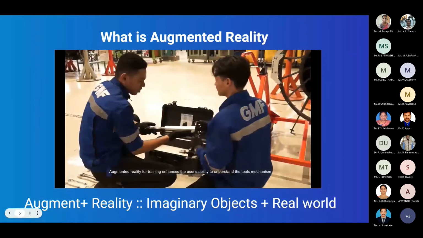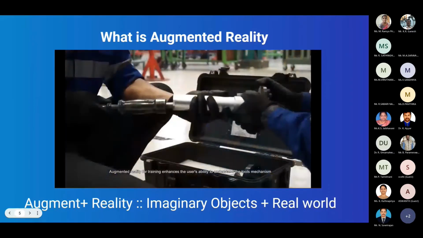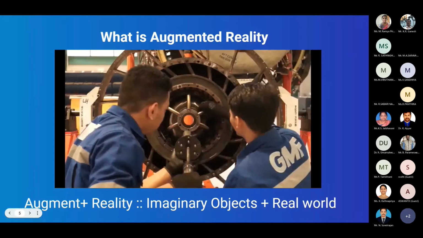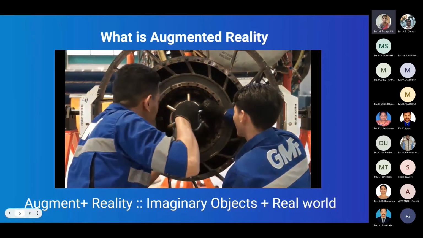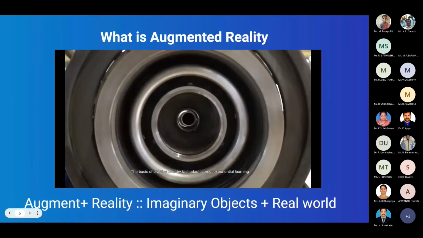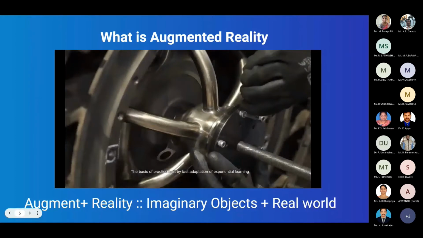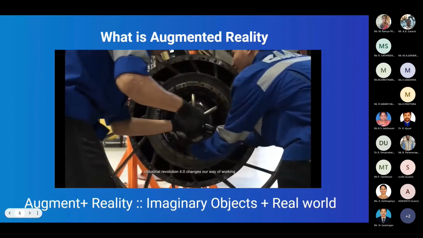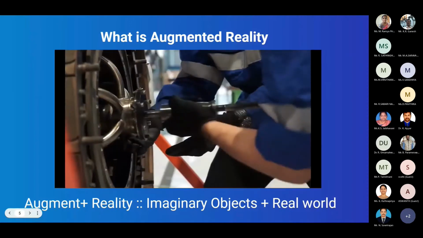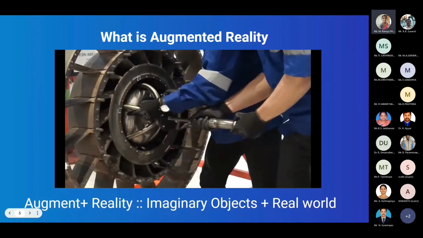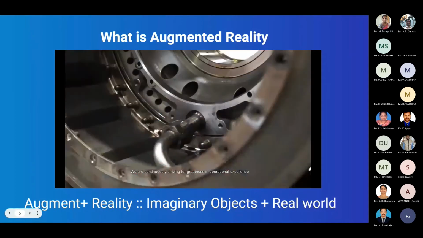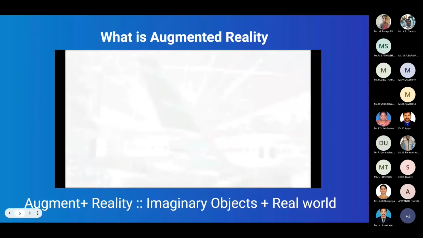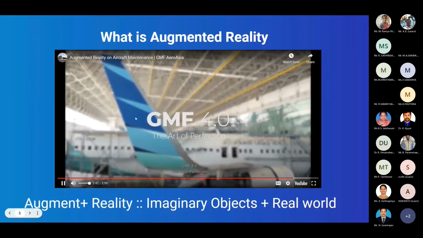Augmented reality for training enhances the user's ability to understand the tool mechanism based on the maintenance manual. Practice makes perfect. The basic of practice built by fast adaptation of exponential learning. Industrial Revolution 4.0 changes our way of working. We are continuously striving for greatness in operational excellence. GMF 4.0, the art of perfection.